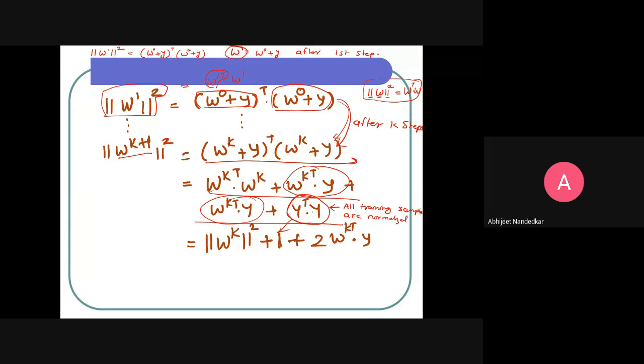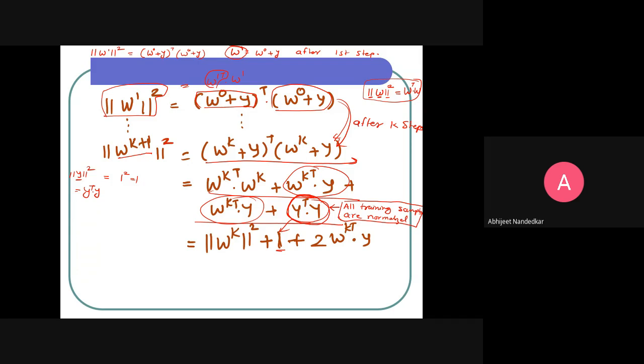Then and only then I can replace this Y transpose Y equal to 1. Why? Because Y transpose Y is nothing but norm of Y square, and if I have normalized this vector, then its length is 1. So 1 square is 1. Note this thing, that all training samples are normalized.